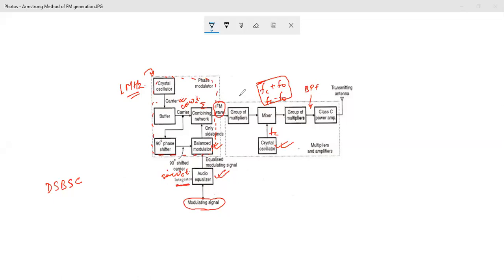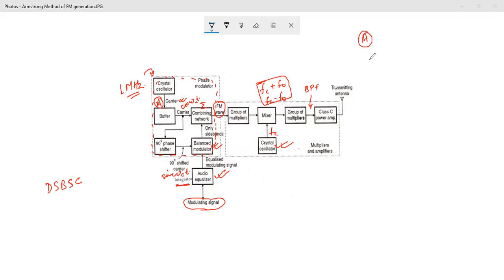So यहाँ पर जो हमें signals मिल रहा है, you can see it by using a phasor. So how can we see that? क्रिस्टल ऑसिलेटर से जो यहाँ सिग्नल जनरेट हो रहा है, ओके? सो मान लेते हैं कि ये जो अनमॉड्यूलेटेड, यहाँ पर जो ये सिग्नल मिल रहा है बिफोर दिस कंबाइनिंग नेटवर्क, this is the unmodulated signal, the unmodulated carrier. So let it be, यहाँ पर हमें जो सिग्नल मिला, मान लें this is a part.